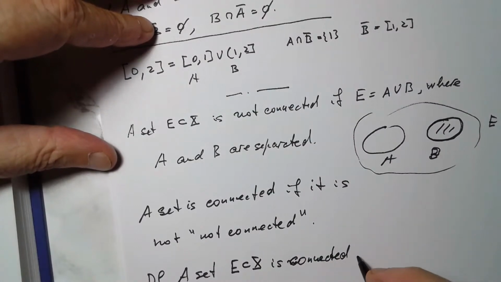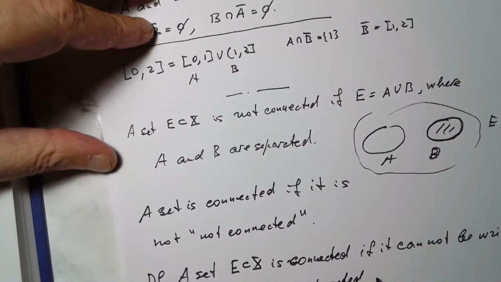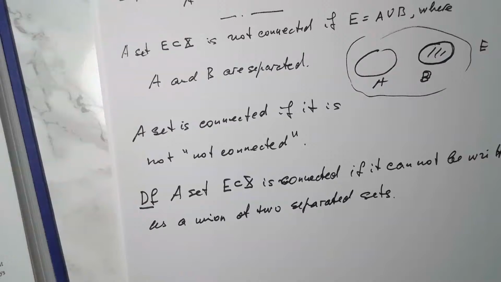In other words, if it cannot be written as a union of two separated sets. So this is a second definition that you will need from this particular section.